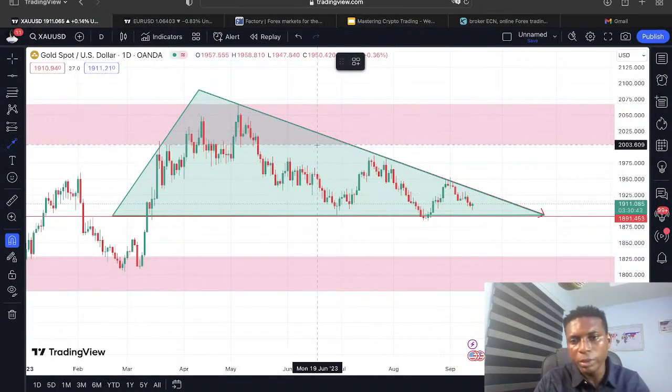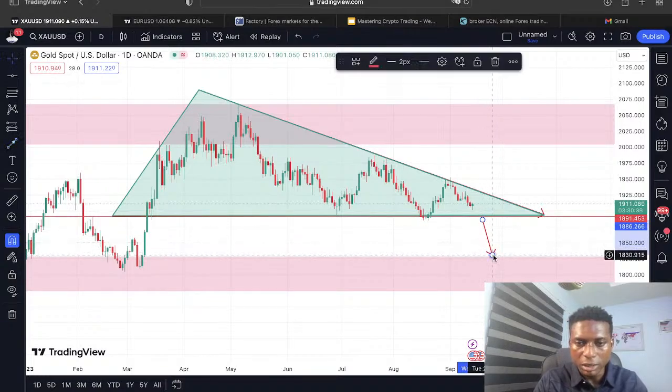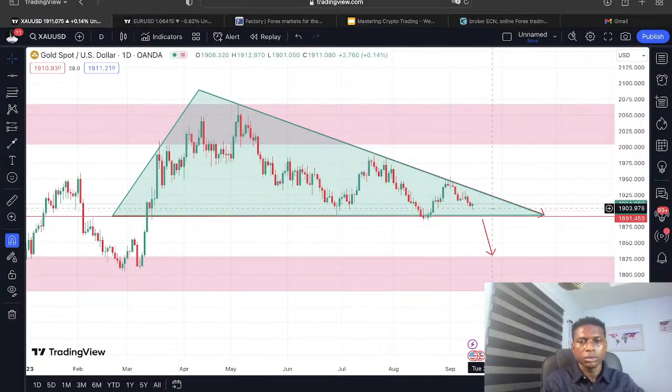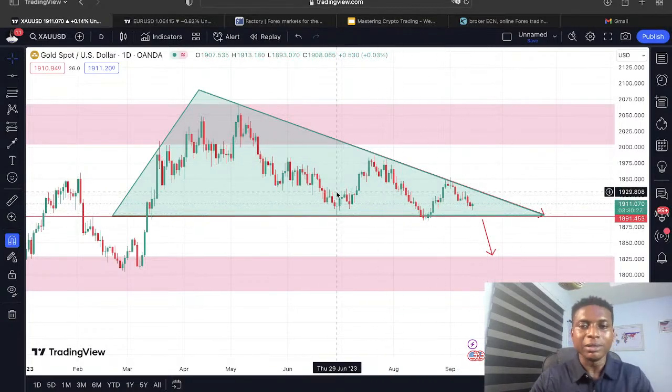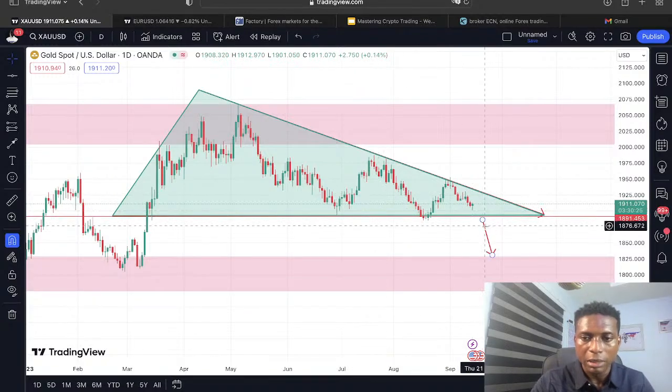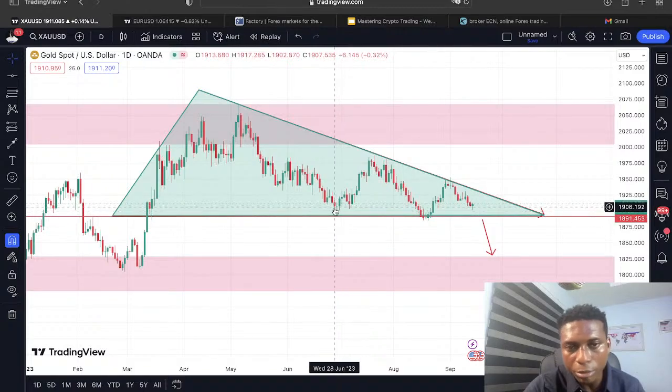So what do we expect from price? There's no 100% expectation, but from what we analyze now, there's a higher probability that there would be a breakout to the downward side, because we see price consistently coming to touch this support zone.